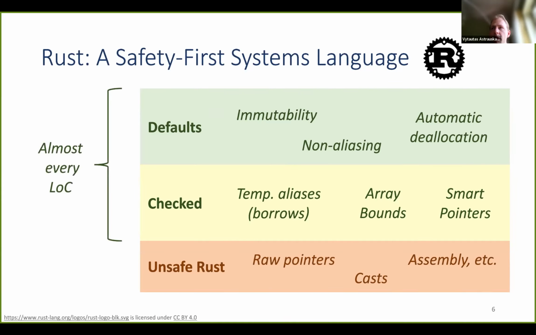The important thing is that most of the code is written in this checked, well-behaved style. We did a study a few years back where we scanned the Rust ecosystem, and we found that this is about 70%.